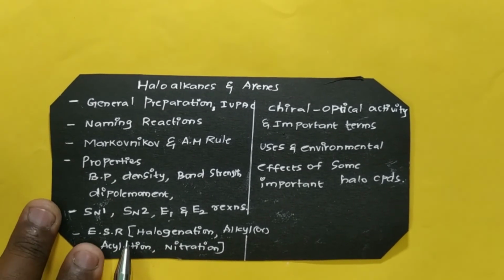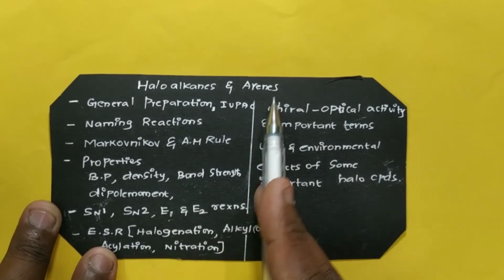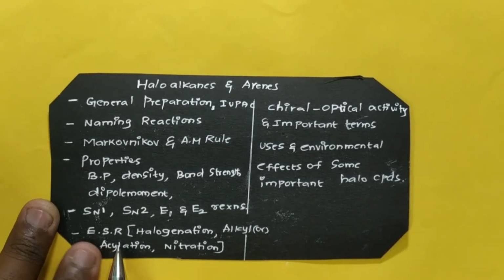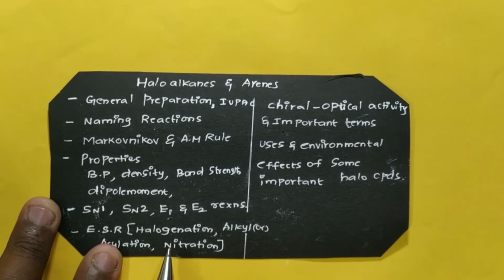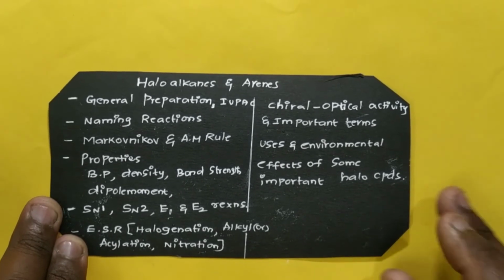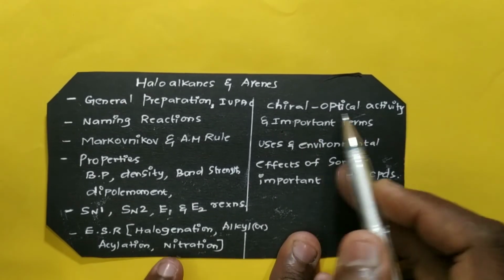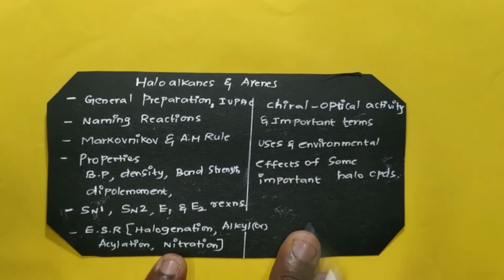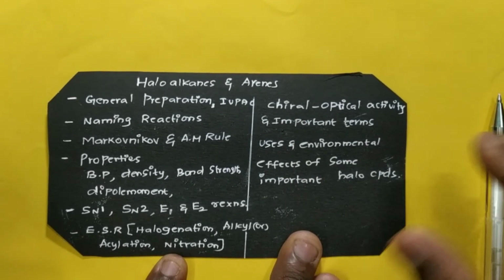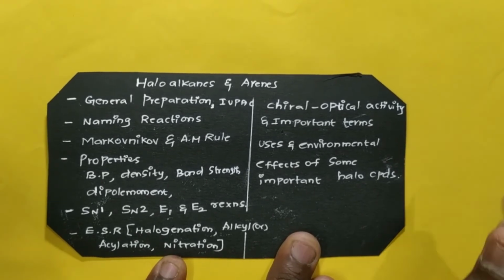And electrophilic substitution reaction. We must know that haloarenes don't undergo nucleophilic substitution reaction; they undergo only electrophilic substitution reaction. So questions may be asked on halogenation, alkylation or acylation, and nitration. And chirality and optical activity, and the important terms. They will be giving you some compound and asking whether it is optically active or not.